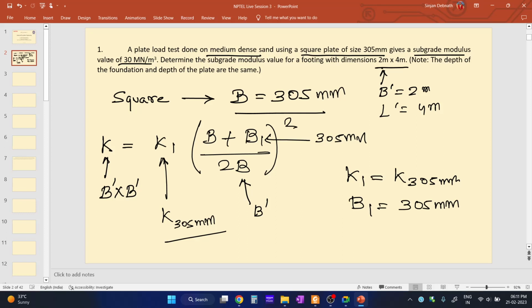See, a 2 meter by 4 meter footing is a rectangular footing. After the size effect, we need to find out the subgrade modulus for a square plate, that is 2 meter by 2 meter, B dash into B dash. After finding that, we will incorporate the shape. You will find it out when I solve this problem. So first, I will come to the size effect.